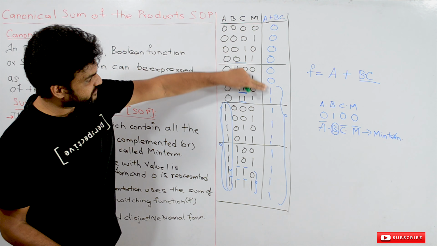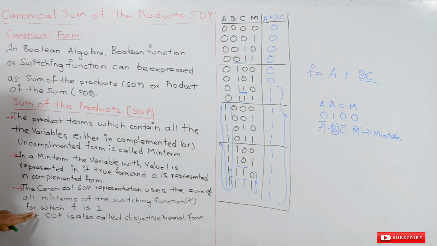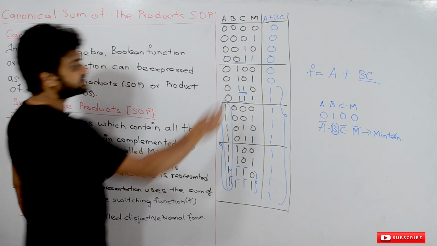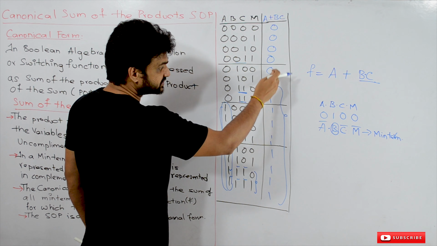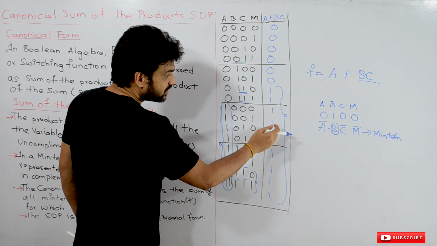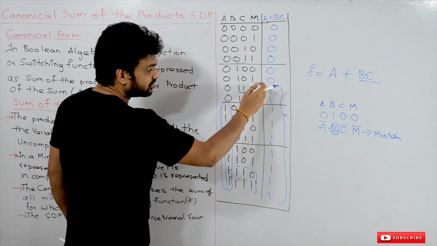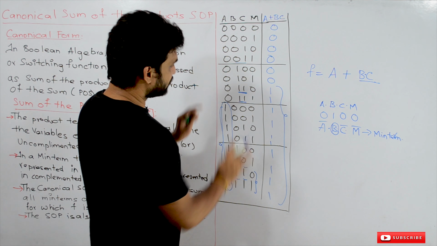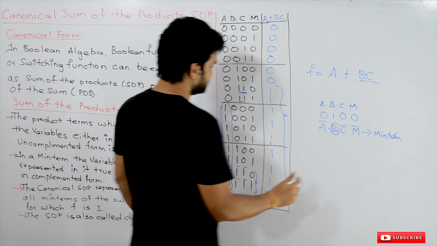For this switching function we have to consider all the min terms for which f is 1, for which this function is 1. For all those ones, the min terms are to be considered. So what is the canonical representation of this function a plus bc?